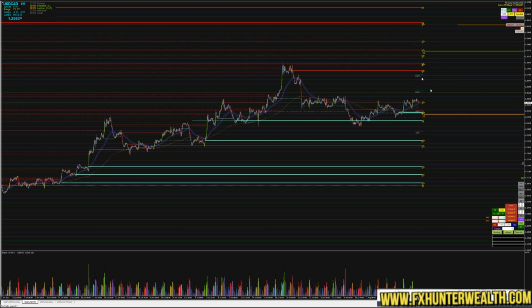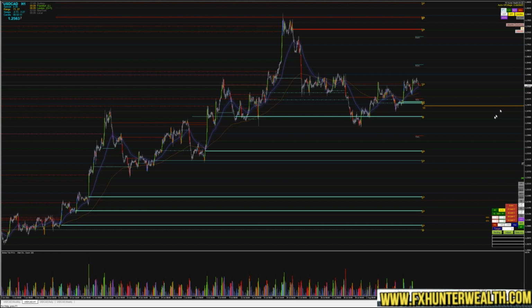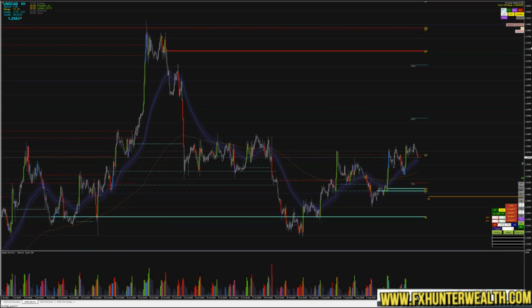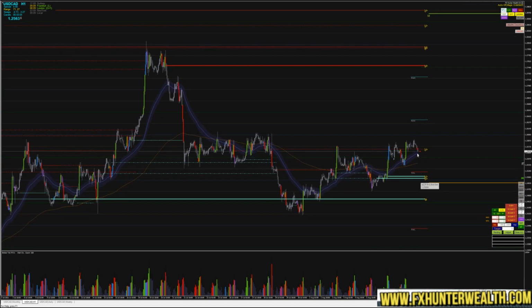So what is gonna be my plan? I will definitely not enter the trade where the price is right now, but what I would like to see is some potential drop back down to this weekly level, right? So here I could be looking for the long trade, and where will I put the stop loss?